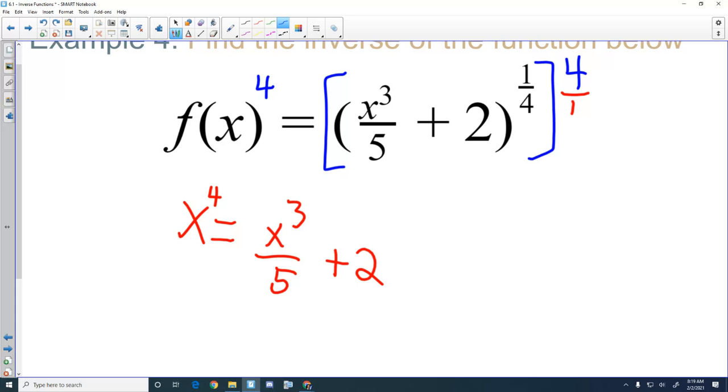When I raise the right side to the 4th power, I technically distribute it to each term in there, but this parenthesis acts like one term. It's as if there's only one thing being raised to the 1/4 power. And so I just have to multiply 4 times 1/4, which is 1. So these both cancel out and leave me with just the, oh, I'm sorry, that's supposed to be a y. I messed up again.